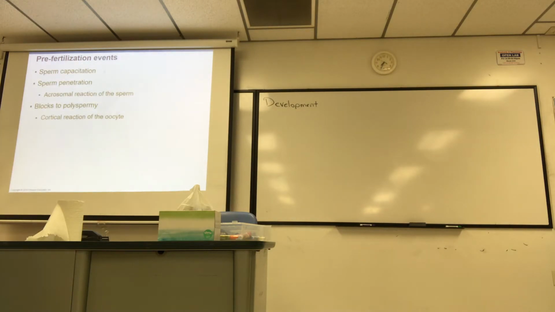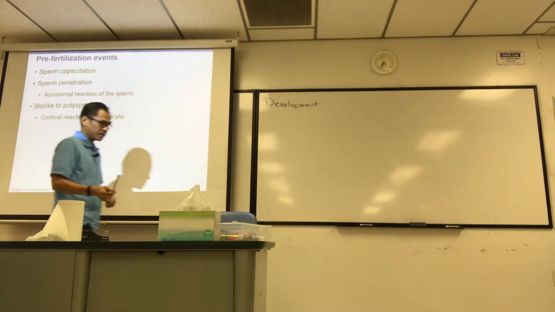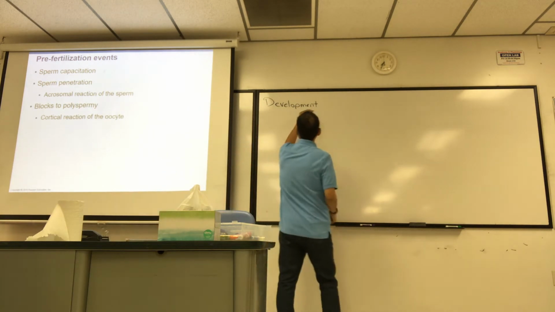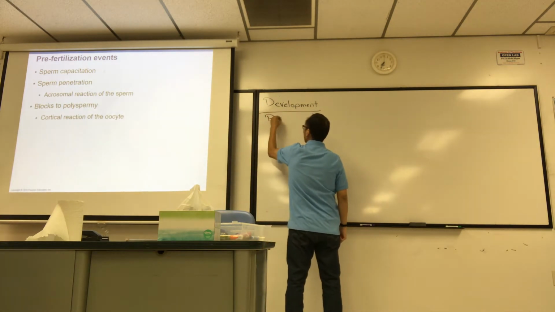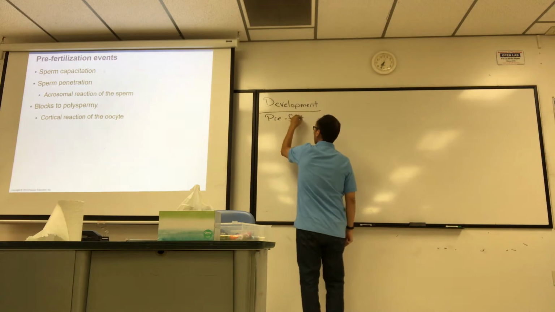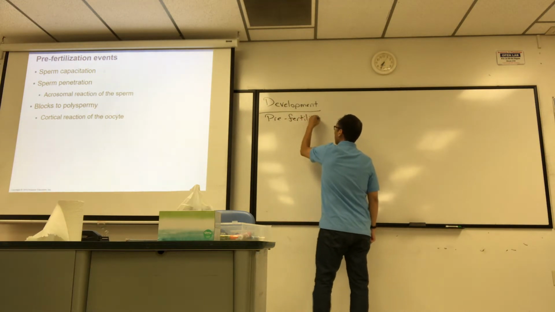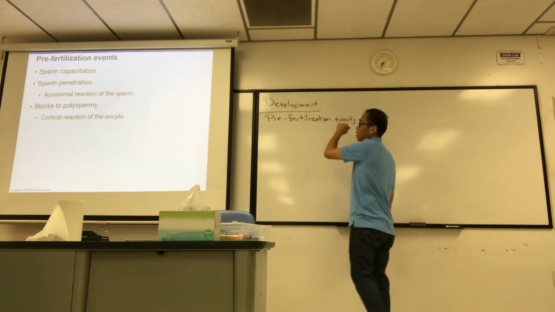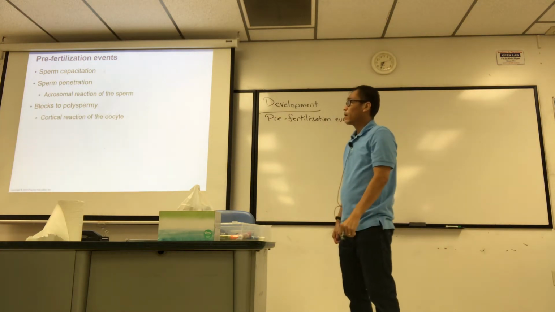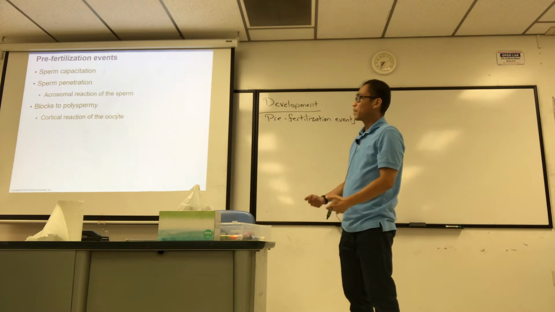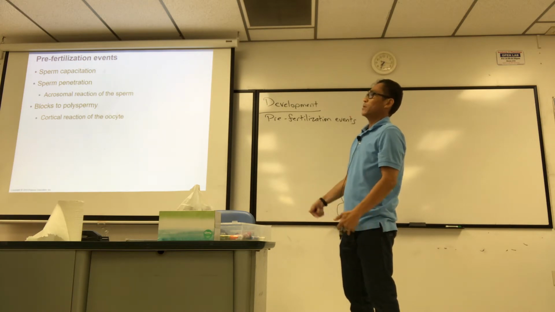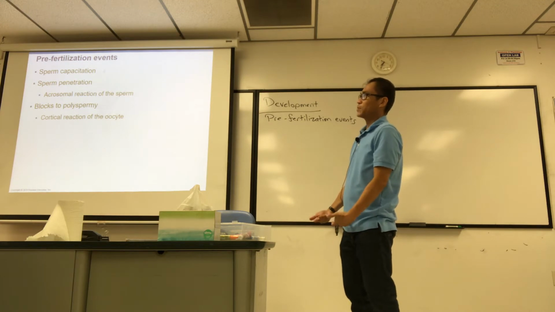Before that can occur, these events must happen. Sperm capacitation, sperm penetration, and then block the polyspermy.